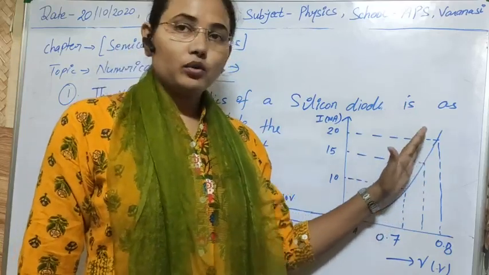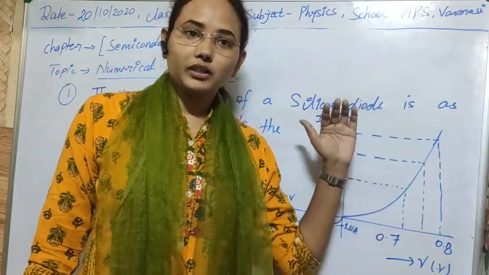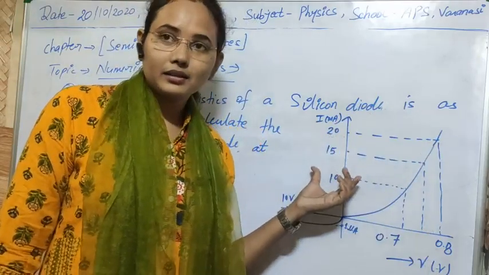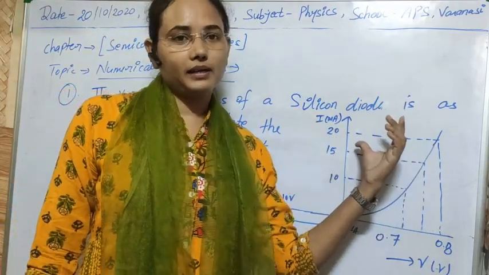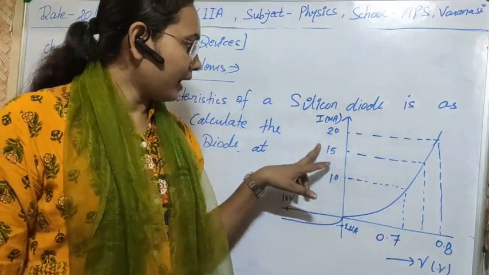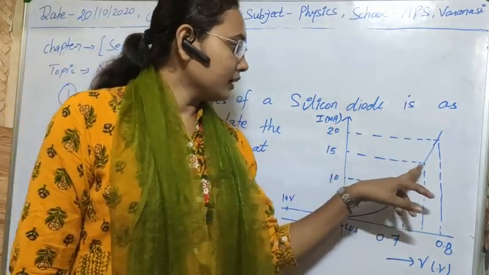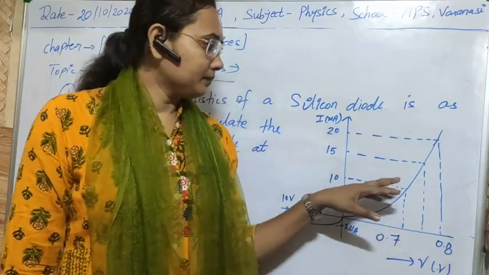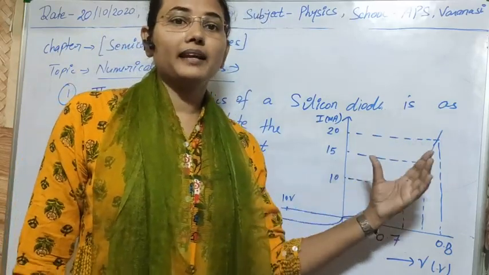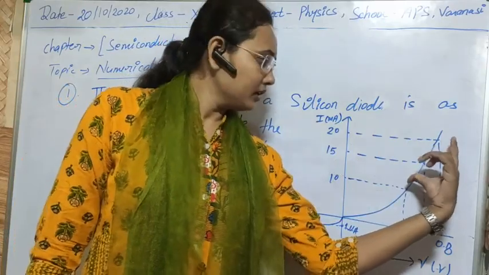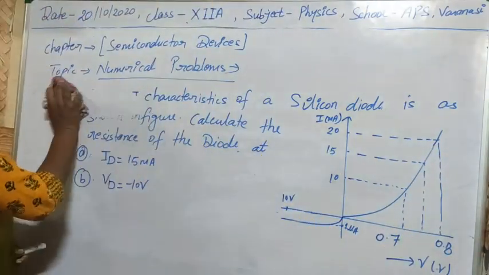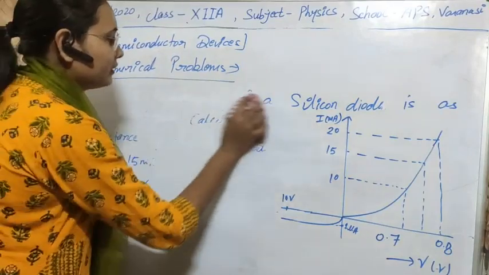So with the help of its slope we can determine the resistance in forward bias. We have to calculate this in the linear region of the curve, so we can easily calculate it by calculating the slope of this linear curve. Let's see how we can solve this problem.